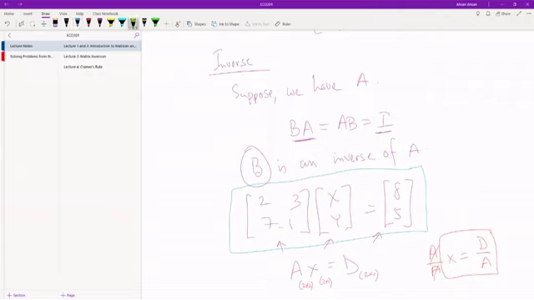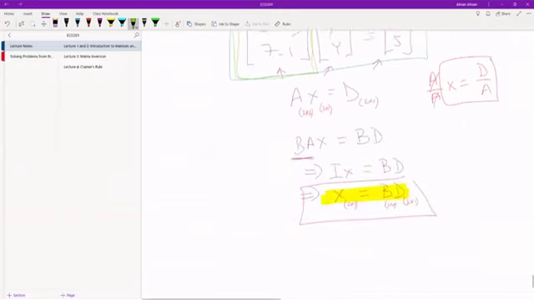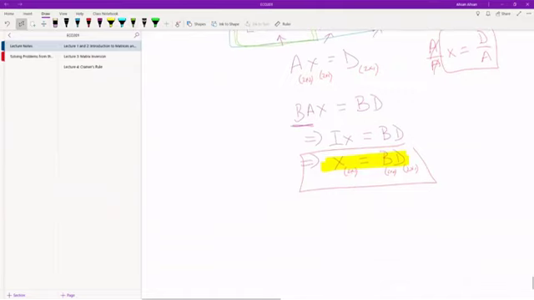Then we have to find an inverse for this matrix, and multiply both sides with that. And that gives us our answer. We're going to learn how to construct an inverse in the next lecture. But today, let's just talk about some properties of inverse.